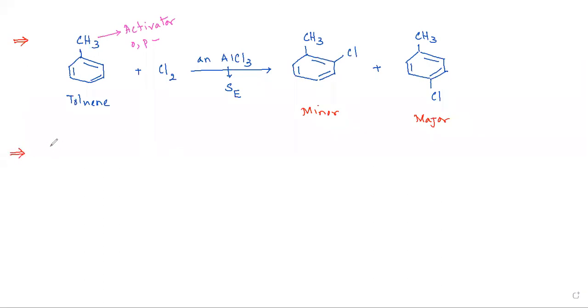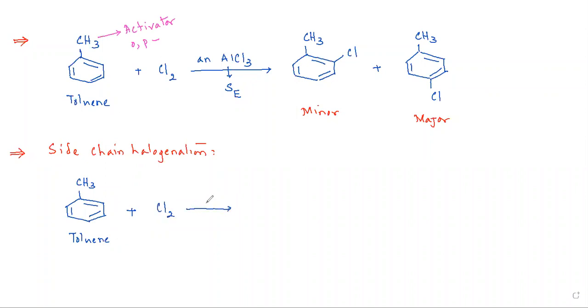Now let us see side chain halogenation. Let me give you this example. Let us again consider toluene when treated with chlorine in the presence of sunlight.